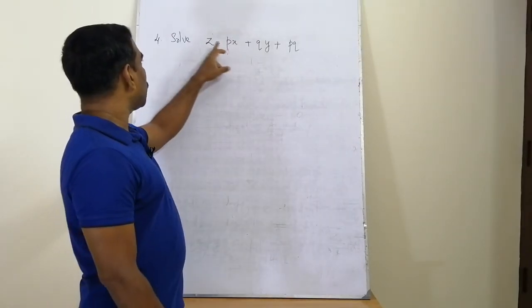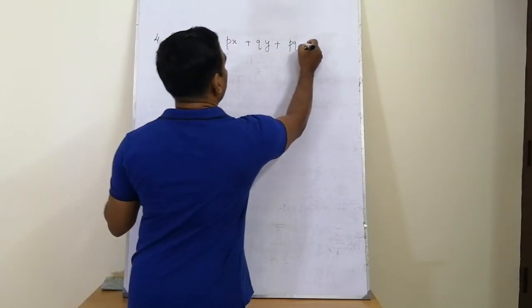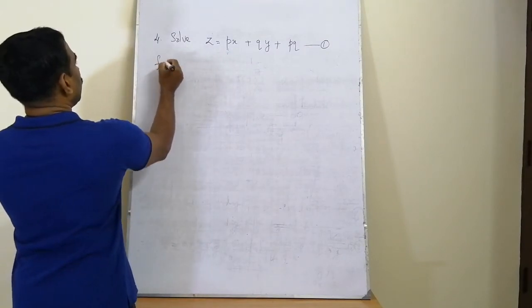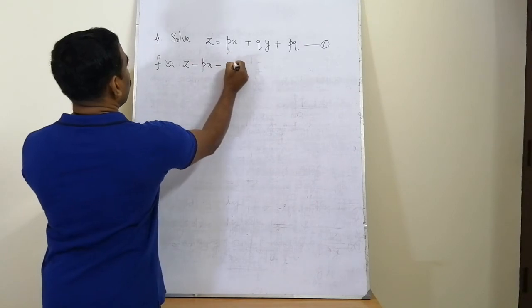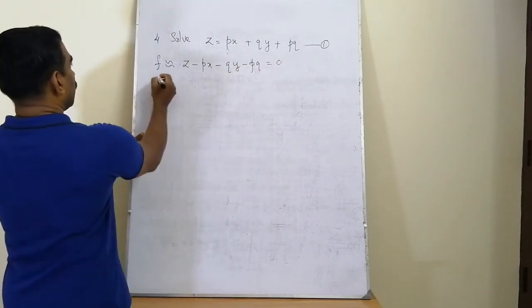Consider the Clairaut's equation, z is equal to px plus qy plus pq. Question number 1. So your f is equivalent to z minus px minus qy minus pq equal to 0.